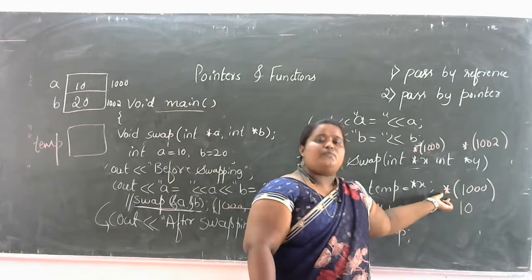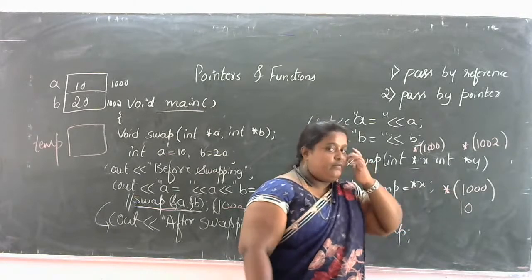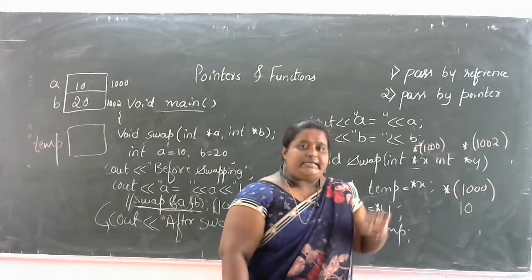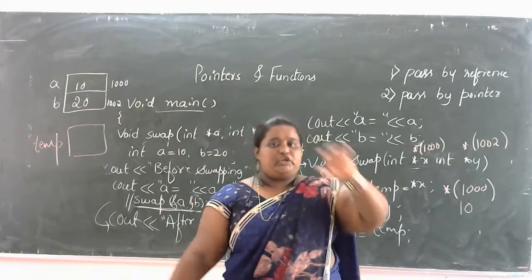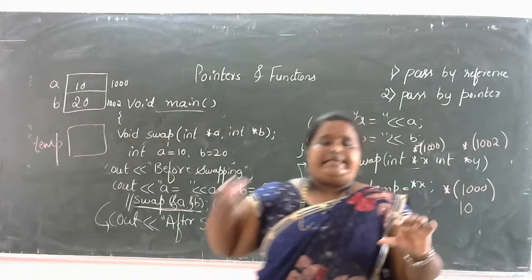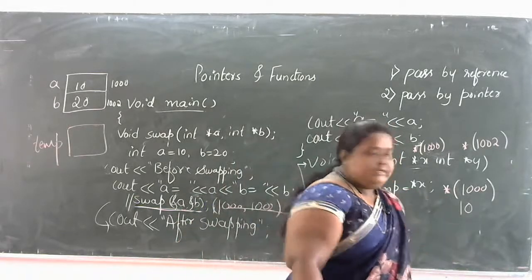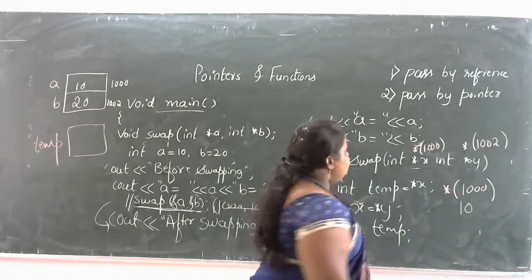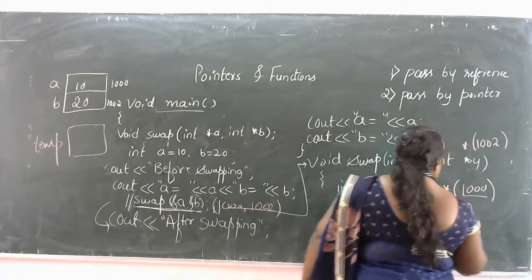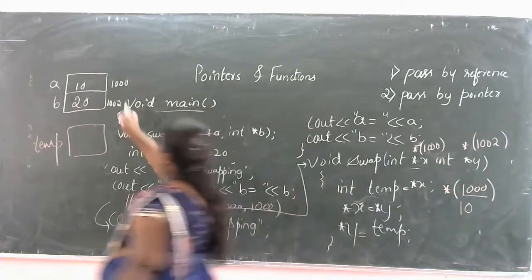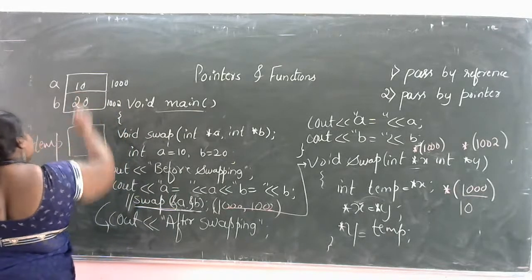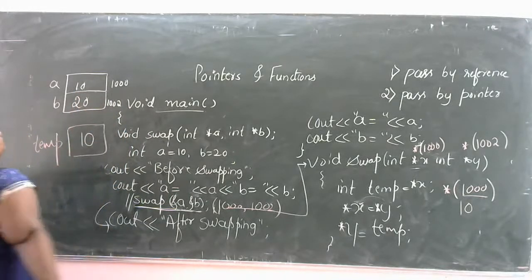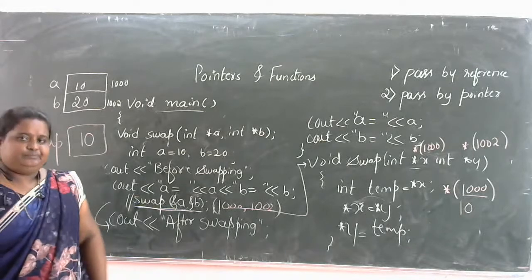It is used to retrieve the data stored in a particular memory location. Star of 1000 means the data stored at 1000, which is 10, right? That 10 will be stored in temp.